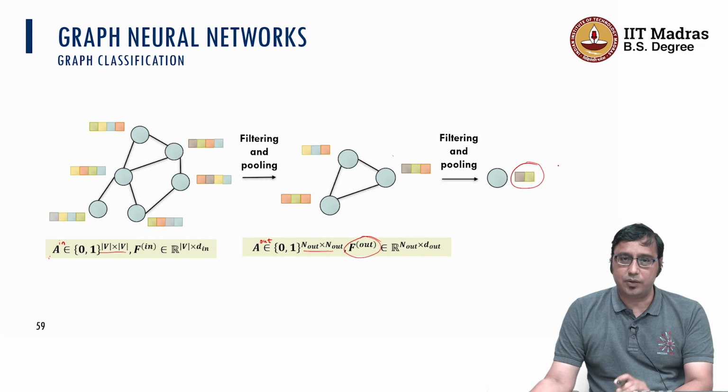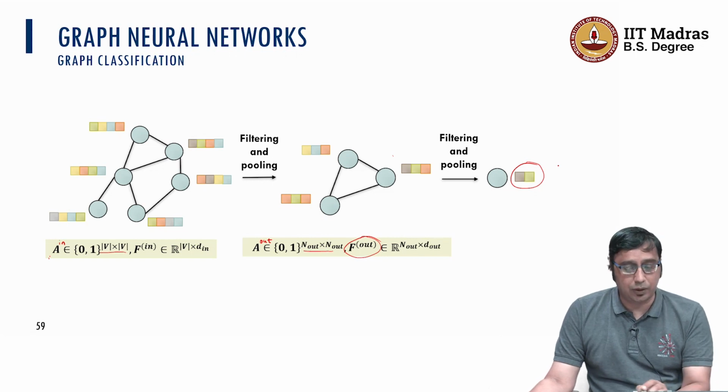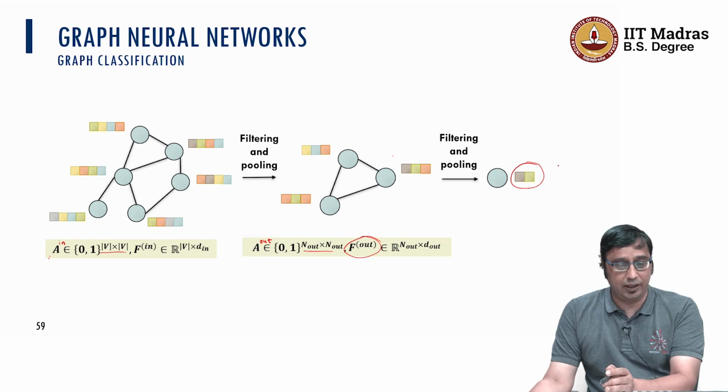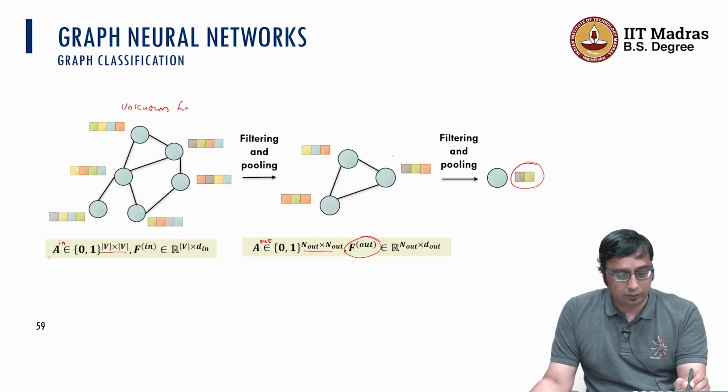Now remember that by minimizing the loss function on labeled data, we have learned theta1 and theta2, so we can use the same GNN for an unknown graph, one with an unknown label.